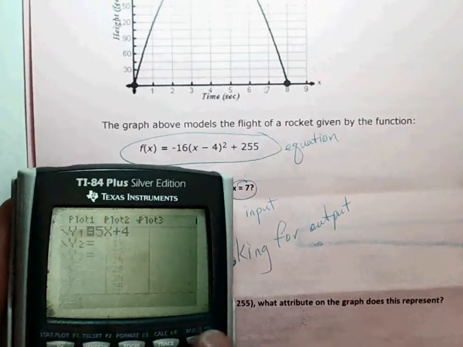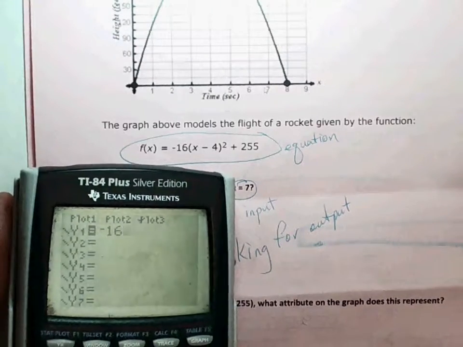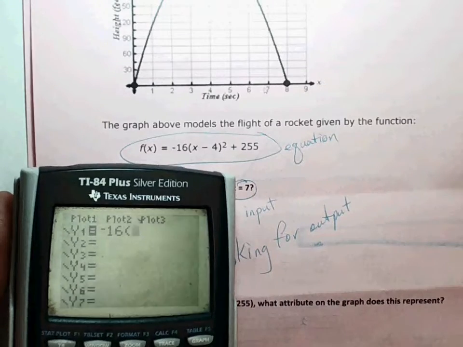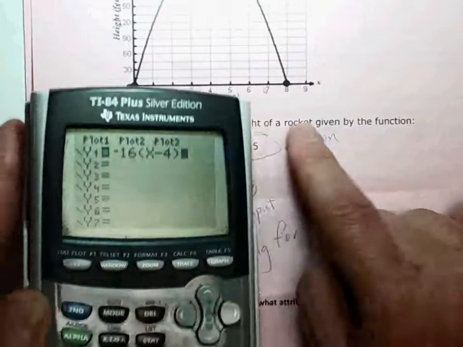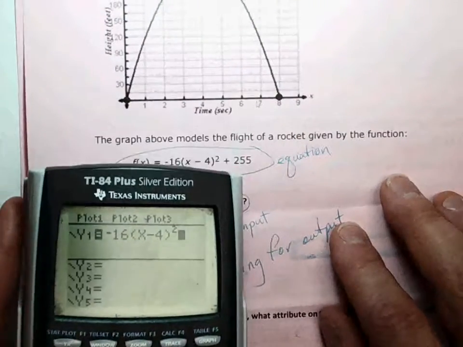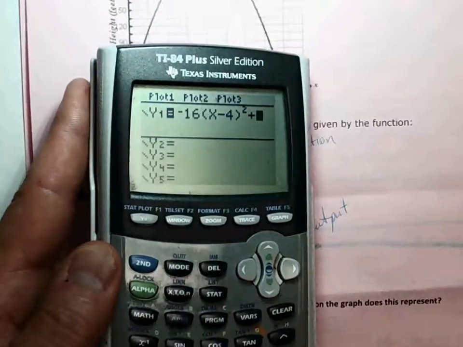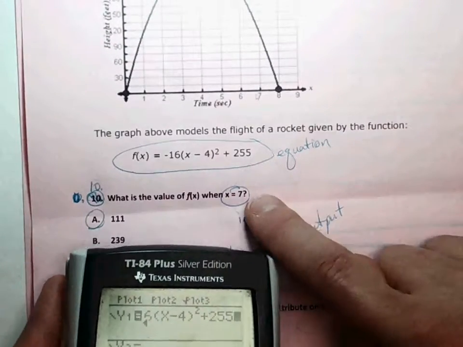So type it in. Go to your y equals and clear that out. Negative 16, parentheses, x minus 4, close parentheses, square it. Remember the square button is right here. There's the square button. And then plus 255.